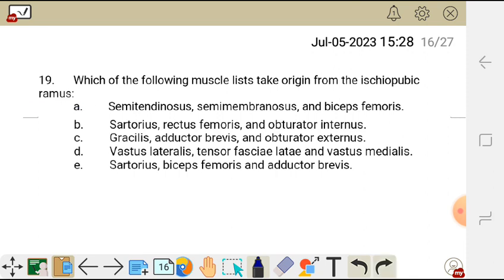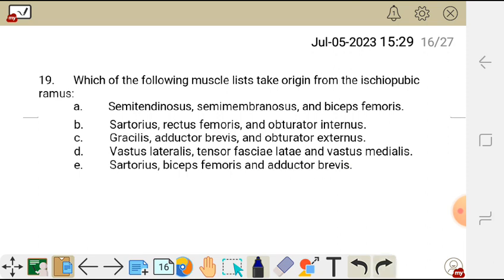A, semitendinosus, semimembranosus. B, sartorius, rectus femoris, and obturator internus. C, gracilis, adductor brevis, and obturator externus. D, vastus lateralis, tensor fasciae lata, and vastus medialis. E, sartorius, biceps femoris, and adductor brevis.